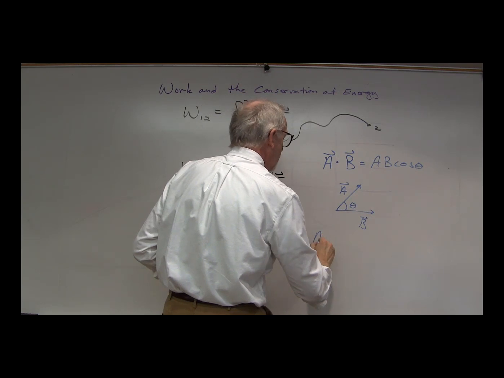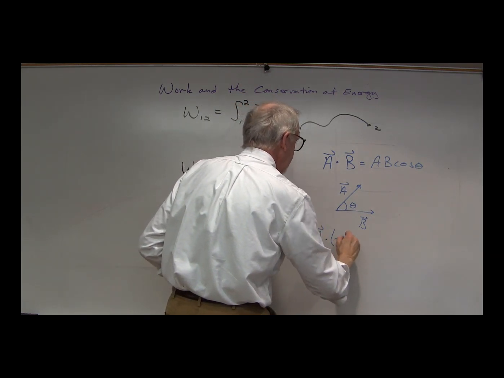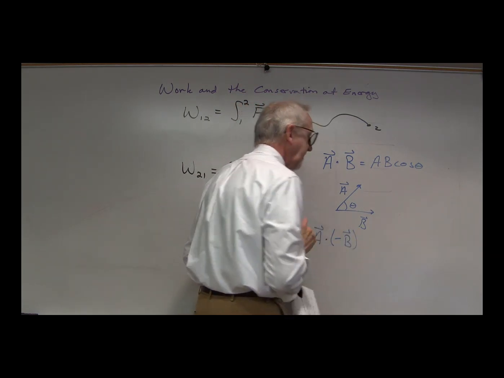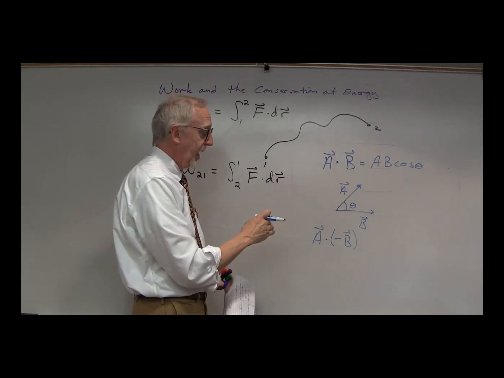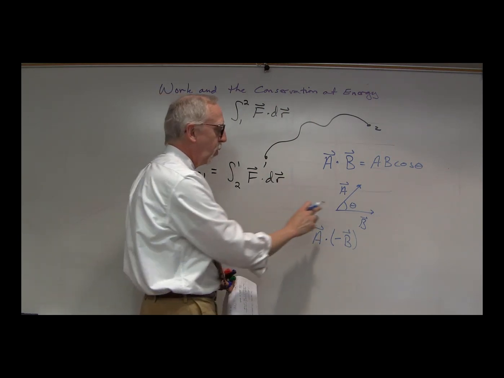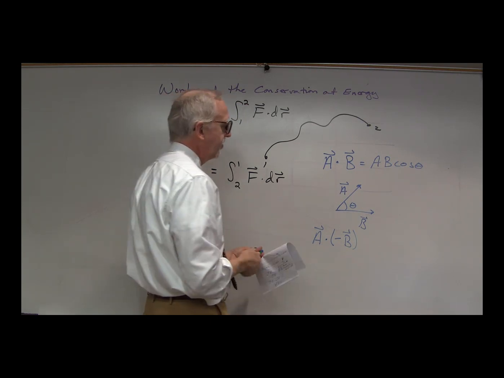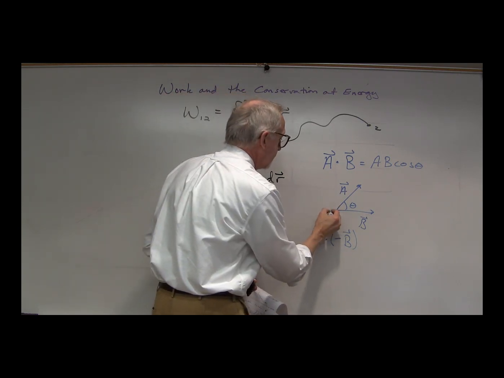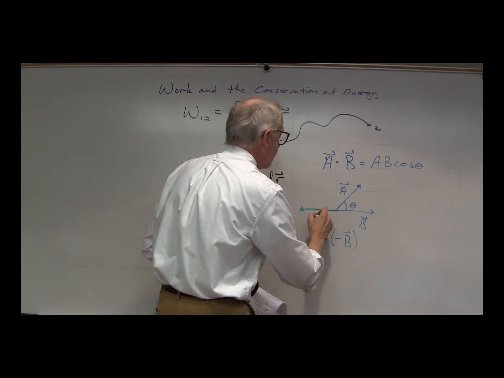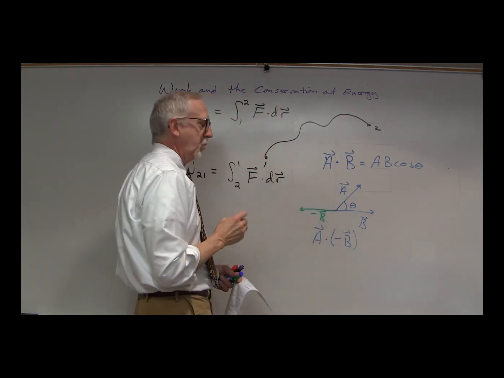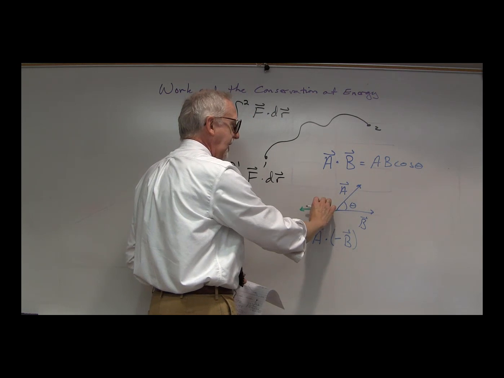Well, what is going to be a dot negative b? What will we get if we take the dot product between a and the negative of the vector? Well, where is negative b? Negative b is pointing in the opposite direction, but with the same magnitude. So that would be negative b. What if we take the dot product between a and negative b?